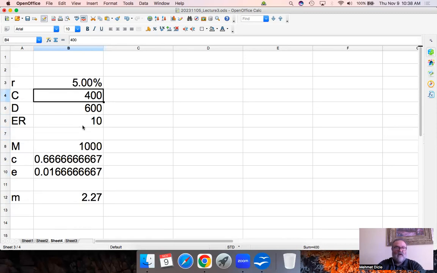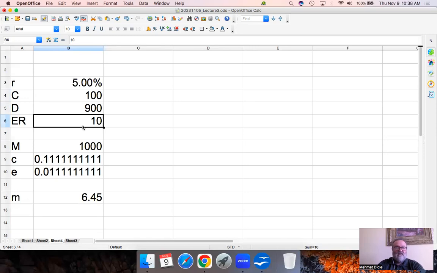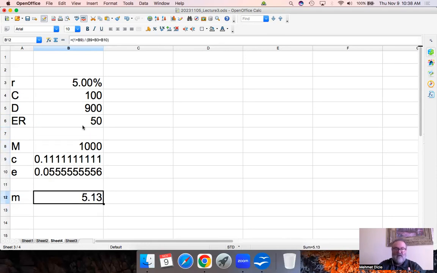So let's go back to our original case of 900, and 6.45 is our base now for this example. And if you decide to have excess reserves, let's say 20, or say 50, now notice how the money multiplier is lower. And so the reserve requirement, currency holdings, and the excess reserves all have an effect on the money multiplier.